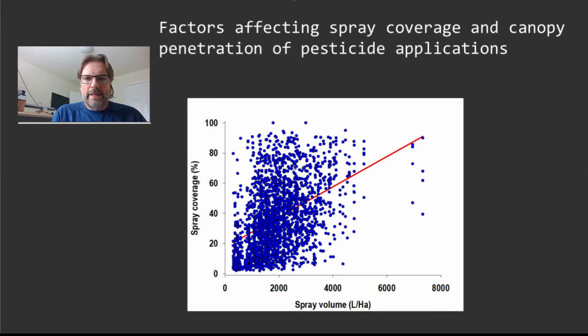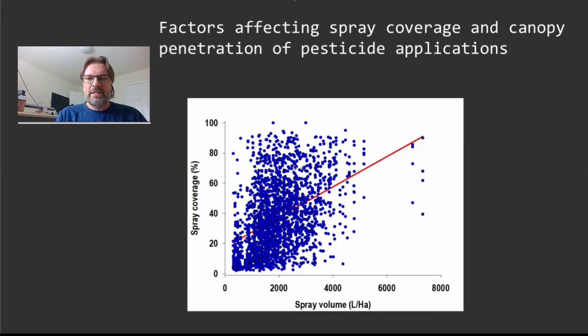You may recall that a couple of slides ago I showed you a linear correlation between spray volume and spray coverage. And you can see why we're a little bit concerned about people thinking that, because this is, of course, looking more like this is actual data with commercial spray rigs. And it clearly shows you that the story is far more complex than that.